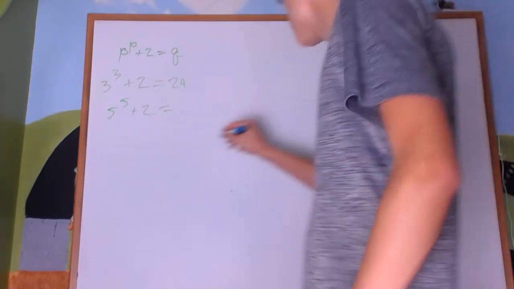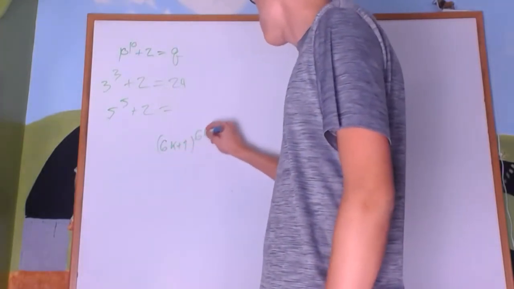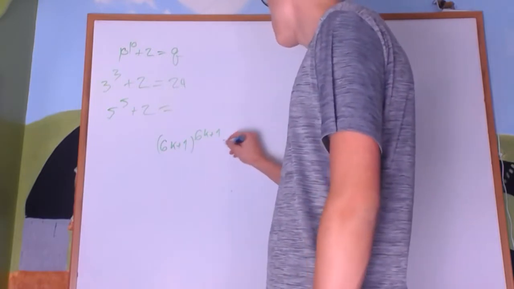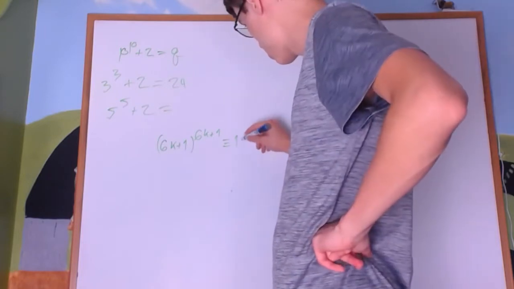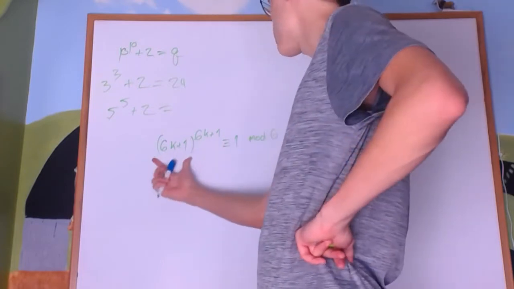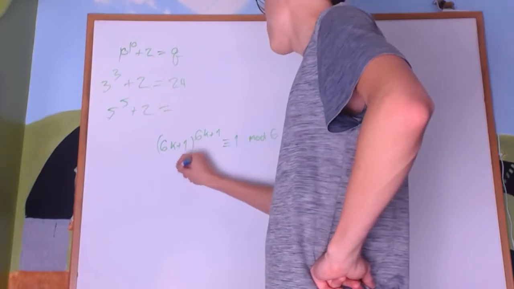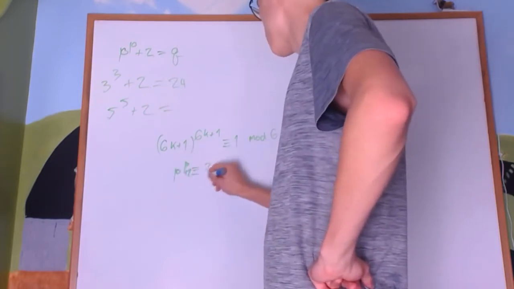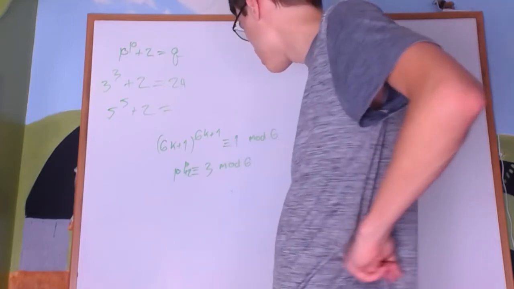we talk about 6k plus 1 to the 6k plus 1, and we look at it mod 6, so that would be congruent to 1 mod 6, wouldn't it? Because that's congruent to 1 mod 6. So then that p to the p plus 2 is congruent to 3 mod 6.